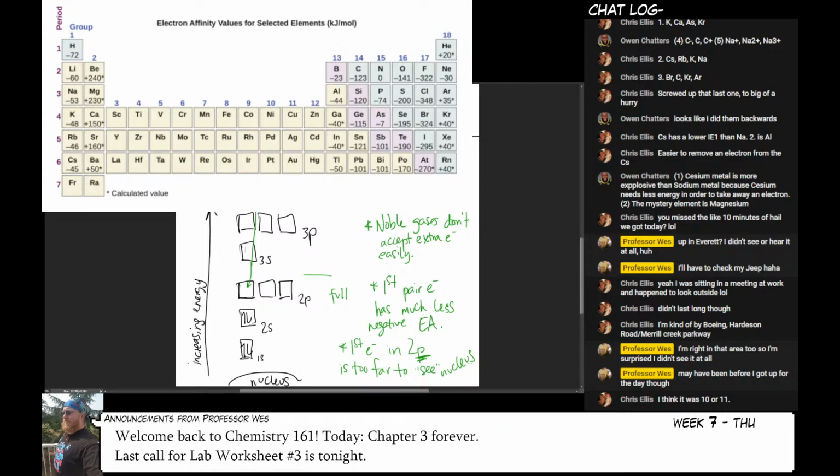The first electron that you drop into a p orbital is just too far away from the s orbitals and the rest of the nucleus for the nucleus to actually attract it. So everything in group 2 has a super positive electron affinity. Those elements just do not want extra electrons. If you try and stick an extra electron on beryllium like this, the nucleus just doesn't see it. It's too far away.